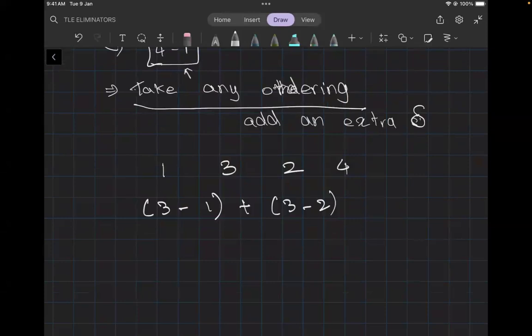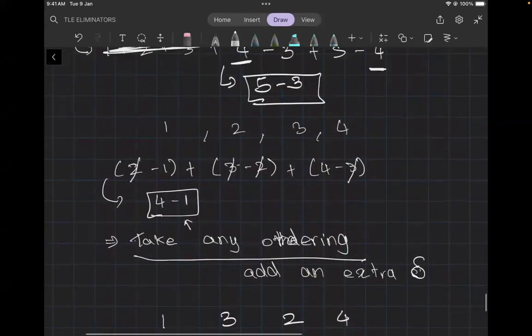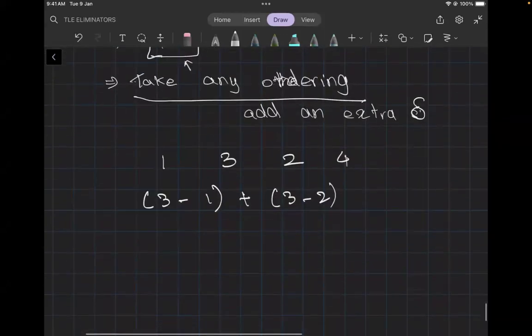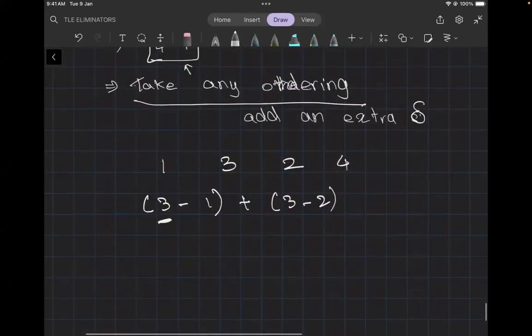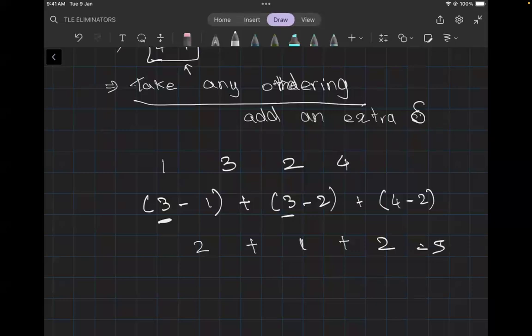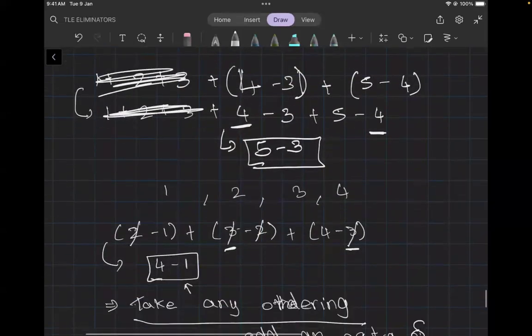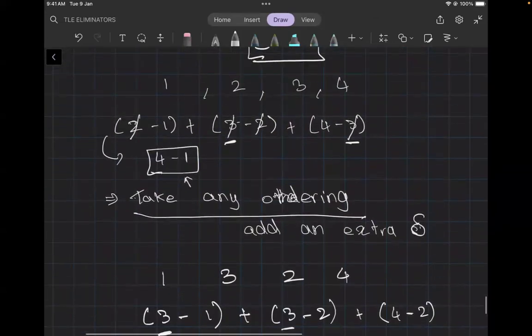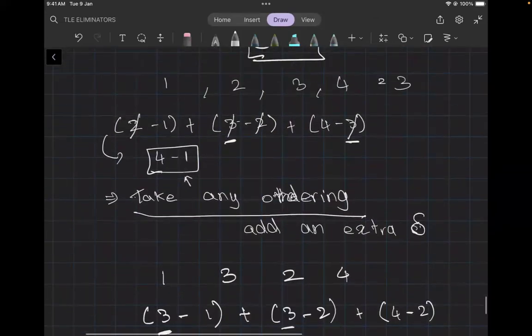You can already see that in this case plus 3 and minus 3 cancelled, but here we already have plus 3 and plus 3. And after that, it is 4 minus 2. So this is 2 plus 1 plus 2. This is 5. But here our answer for 1, 2, 3, 4 is just 3.